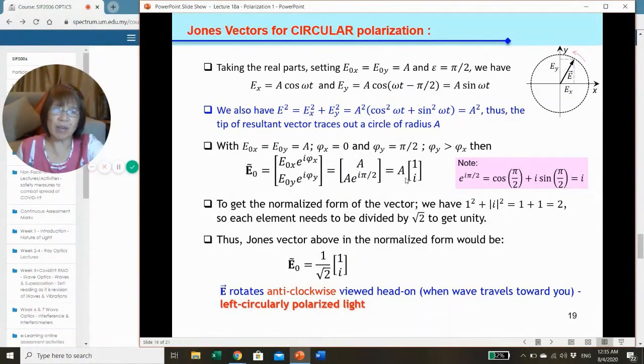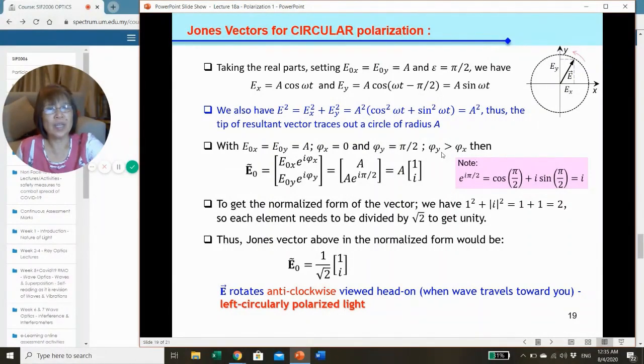So we can write the normalized form, and we don't have to specify A here, as 1 over root 2 times the vector (1, i).